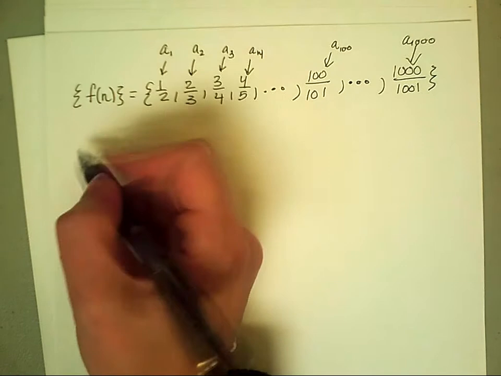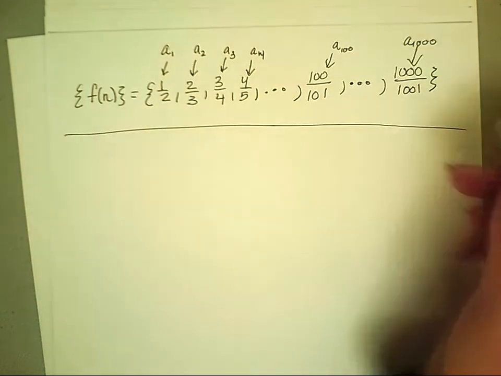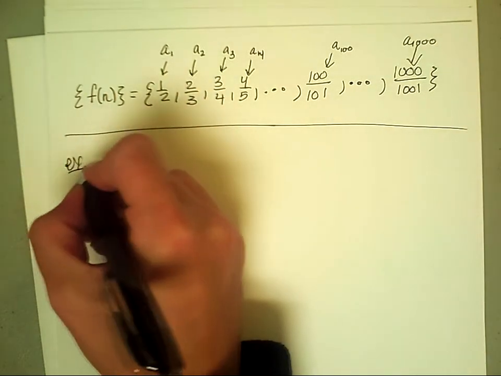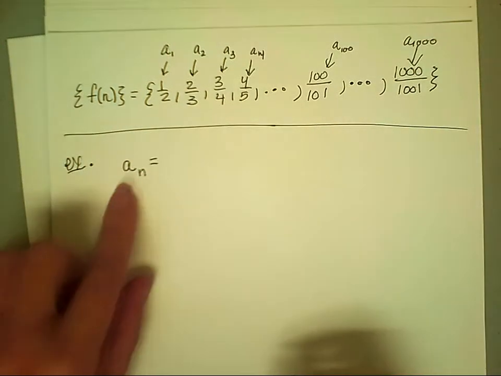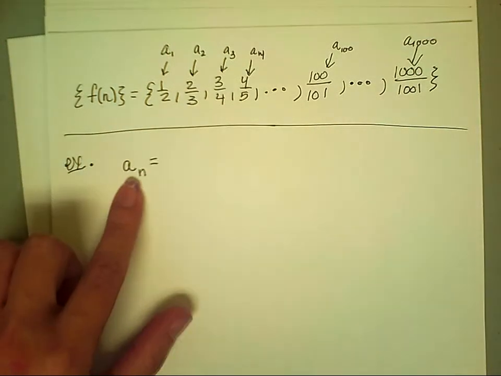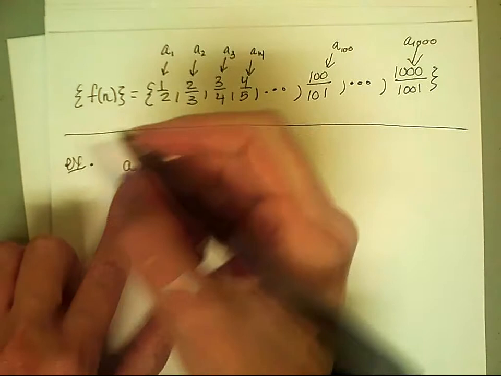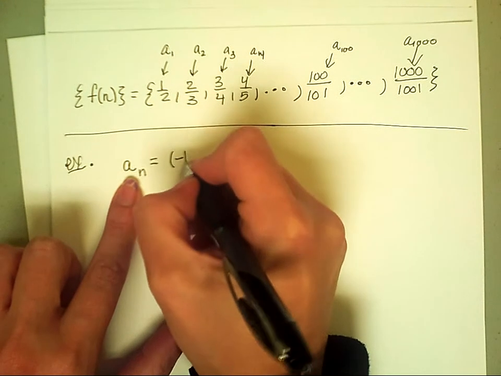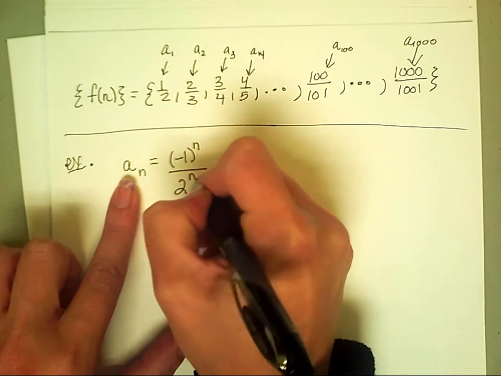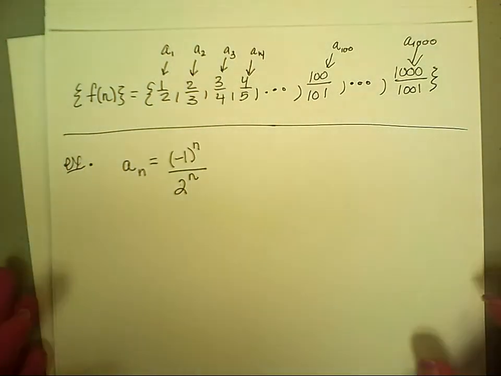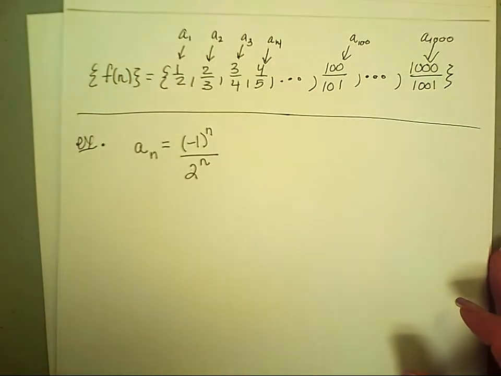Alright, another way we could define it, instead of saying f of n, another way we could list it, here's a different example. We could say a sub n is equal to, so just automatically writing the nth term, in this case, let's say negative 1 to the n over 2 to the n. So let's find the first 5 terms.